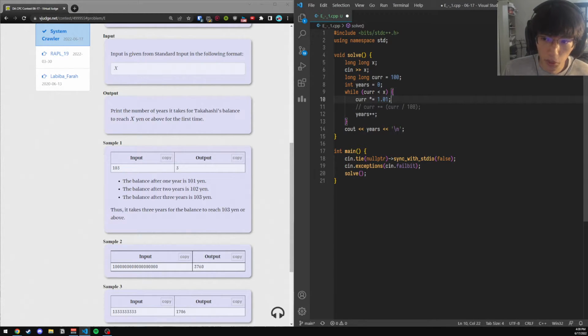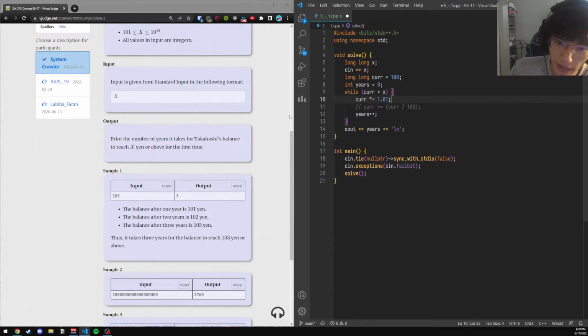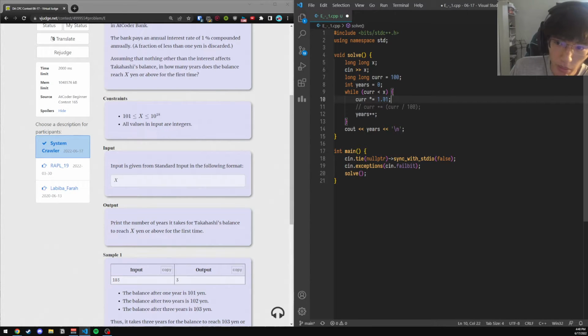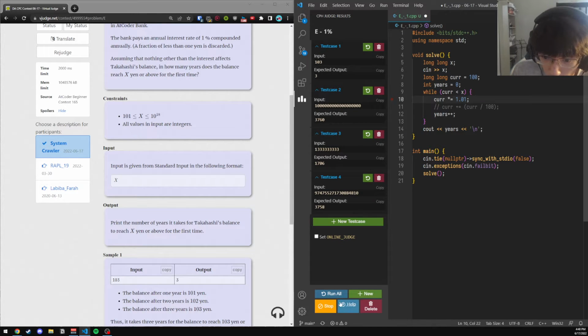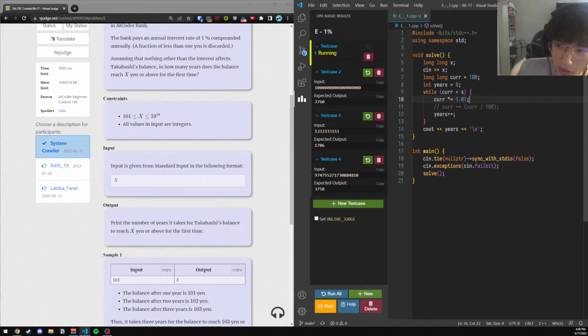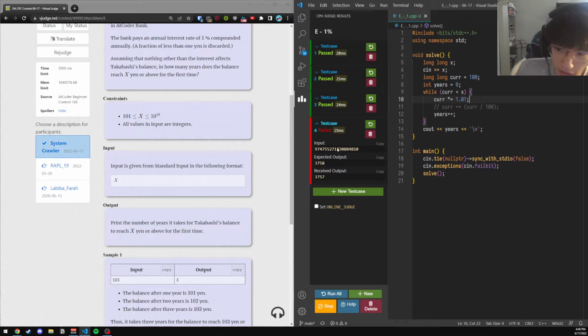If you do this times 1.01, if you're adding 1%, it's the same thing as multiplying by 1.01 and then casting into long. This is good, except this is actually a double, and double precision is actually not that great, and this is almost correct, except there's one edge case where you don't get the expected result, and it's a hidden test case.